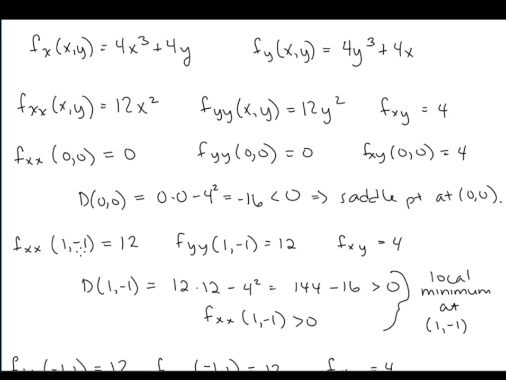At (1, negative 1), we get our second x partial is 12, our second y partial is 12, and our mixed partial is always going to be 4. That gives us a positive value for D, and we recognize that the second x partial is positive here, so that tells us we have a minimum at (1, negative 1).